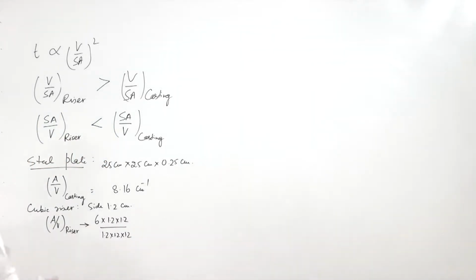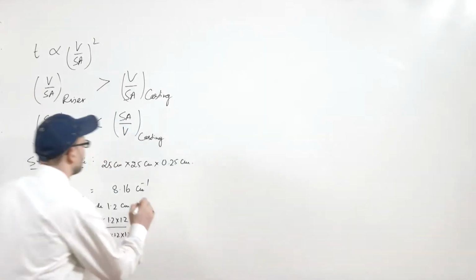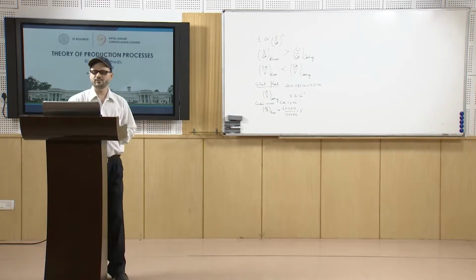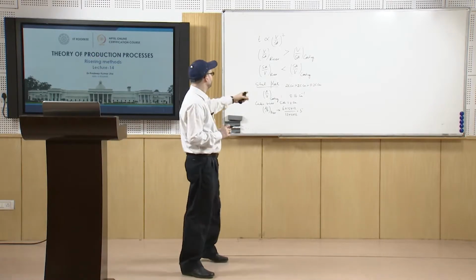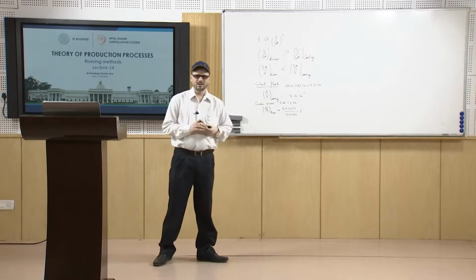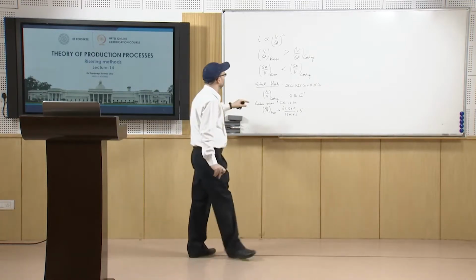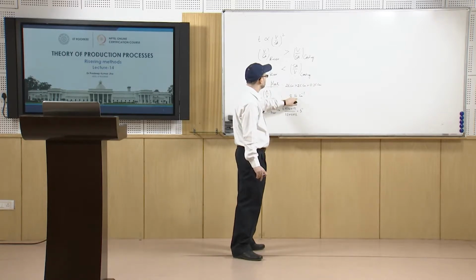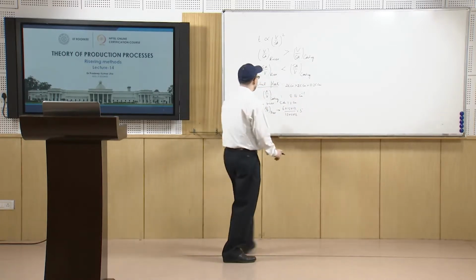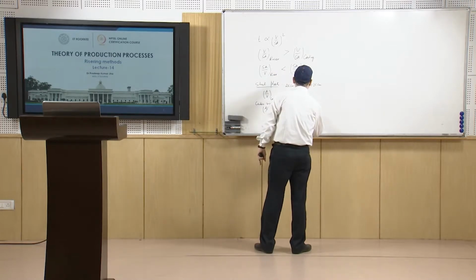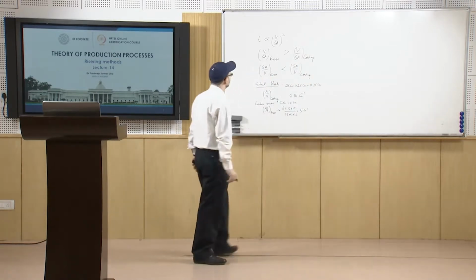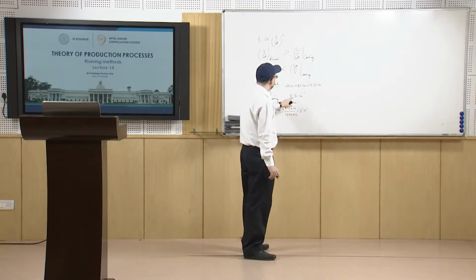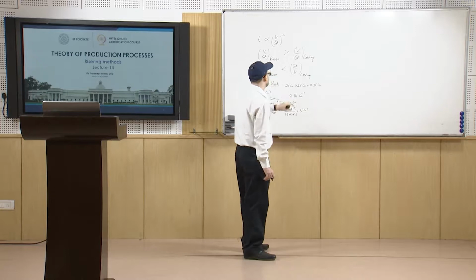So, it will be 5 per centimeter. What we see here is that A by V of the casting is 8.16 per centimeter and A by V of the riser is 5 per centimeter, so A by V of the riser is less than A by V of the casting.